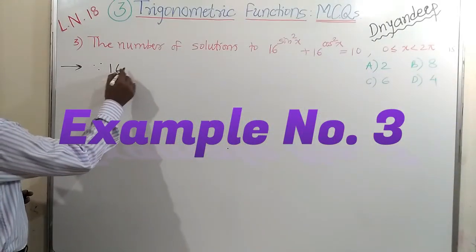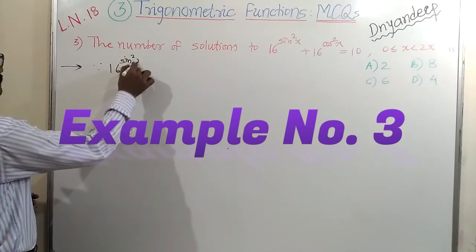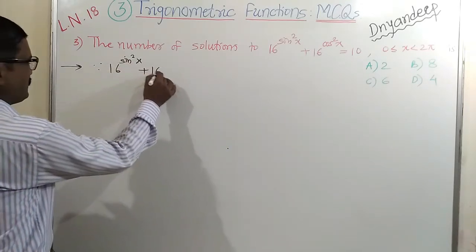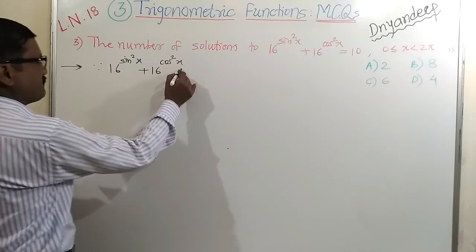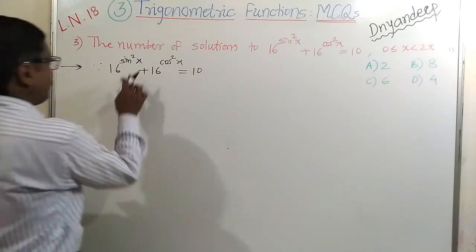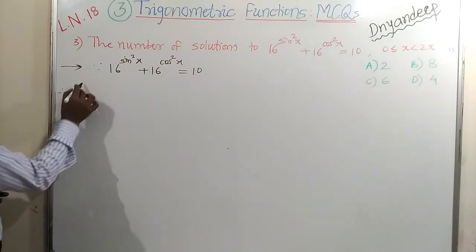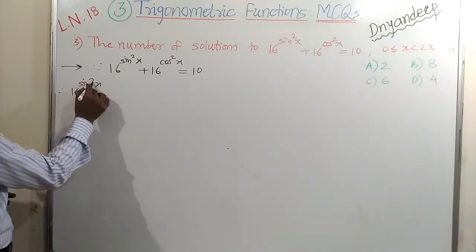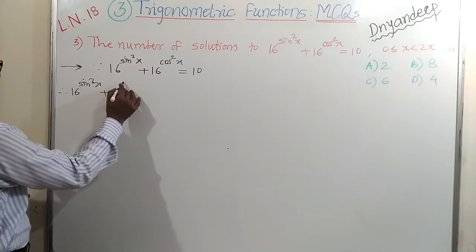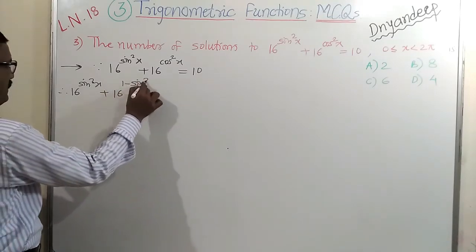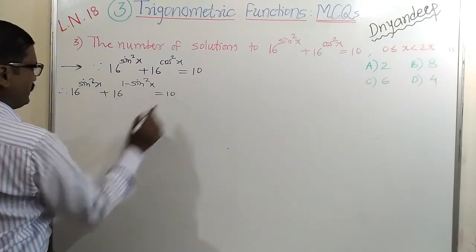Since 16 raised to sin square x plus 16 raised to cos square x equal to 10, we can convert this cos square into 1 minus sin square. Therefore 16 raised to sin square x plus 16 raised to 1 minus sin square x equal to 10.